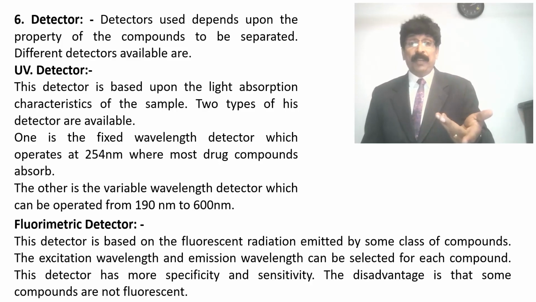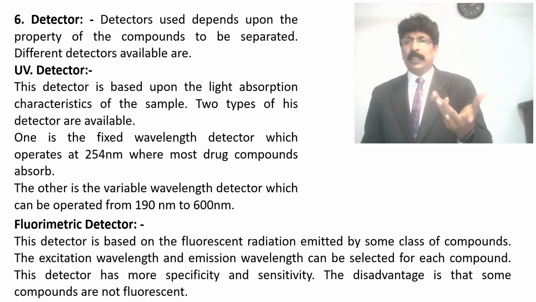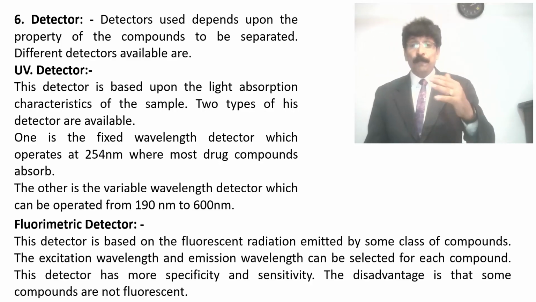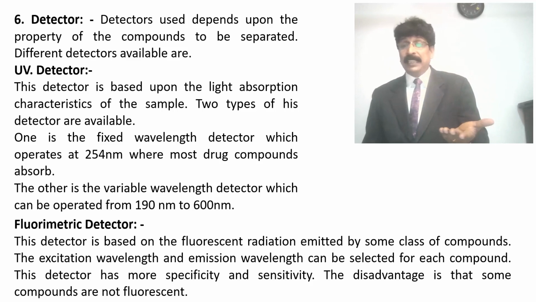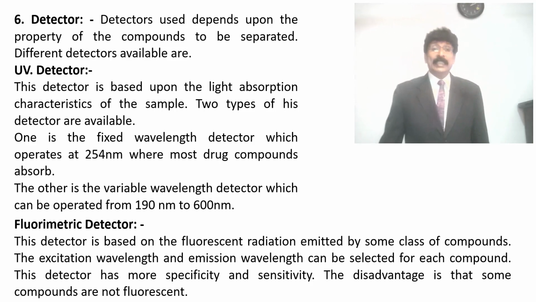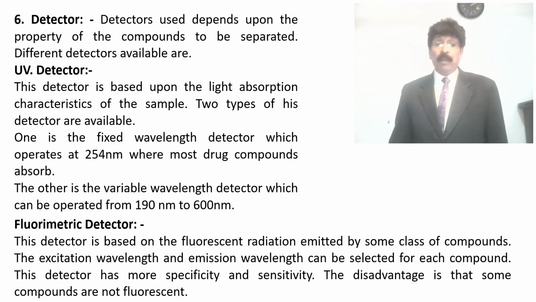Two wavelengths are needed for fluorescence. Absorption will be in UV light and emission will be in visible light. So the excitation and emission wavelengths can be selected for each compound if it is fluorescent. This detector is more specific and sensitive. The disadvantage is that all compounds are not fluorescent.